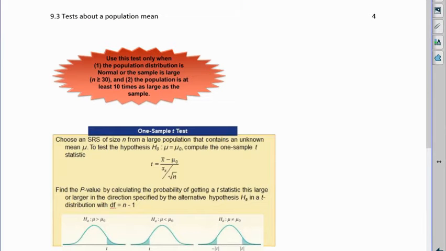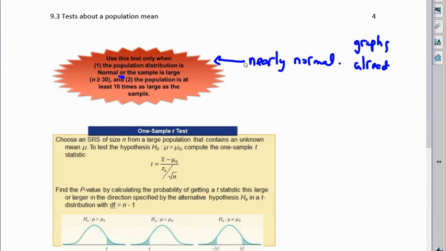So just to summarize, you're going to be checking those conditions. You need to establish that it is nearly normal. That's so that we're going to be able to find a probability. And as they say here in this statement, the probability distribution needs to be nearly normal. That is by inspecting the graphs or already, those are two ways to establish that, or establishing it through CLT, which is n greater than or equal to 30.